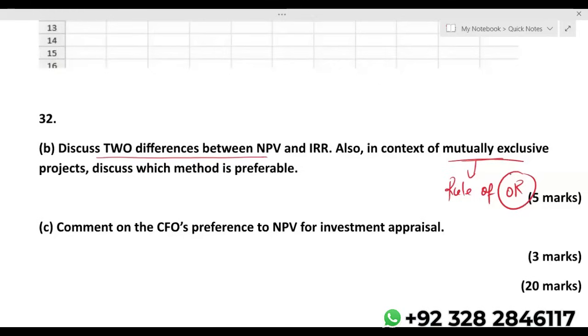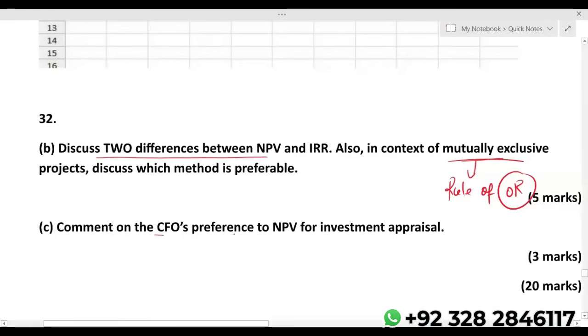And NPV is better than IRR. So basically, in case of mutually exclusive, do not use IRR. If you go for IRR, in case of mutually exclusive, then there are chances you might end up accepting a project which is not beneficial for the shareholders.